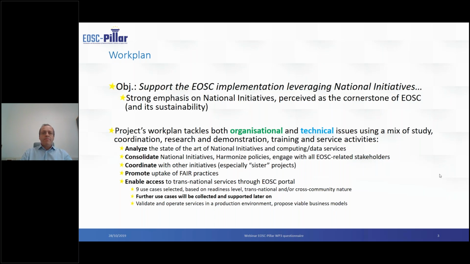In our work plan, there is a mix of activities, some more technical and some, I would say, less technical, which are called organizational. So on one side, there is already an EOSC portal which exists today, and it was officially launched exactly one year ago in Vienna.